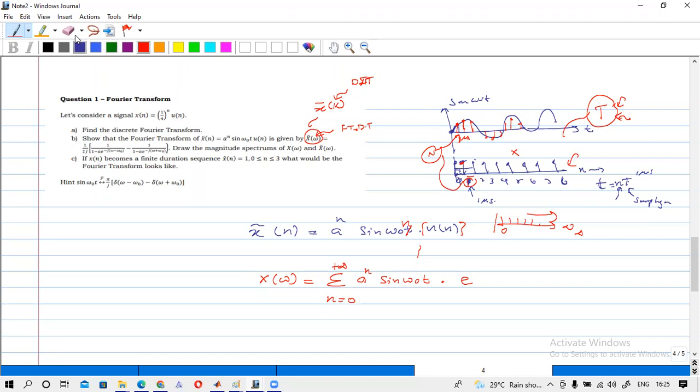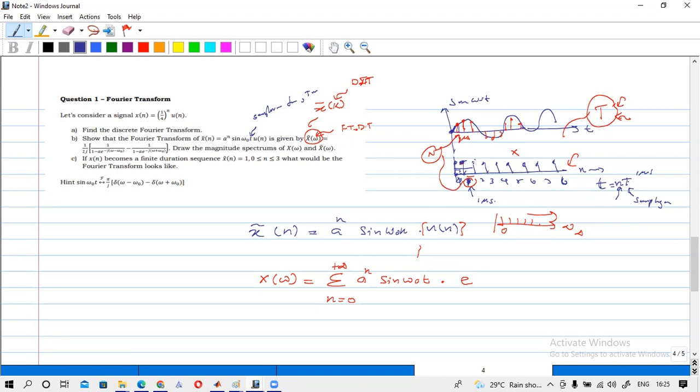It is not completely correct, but I think we are not given more details about this sampling. If we are given the sampling frequency or sampling time, we can do likewise.